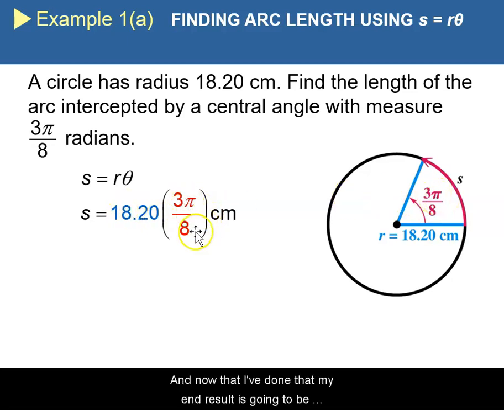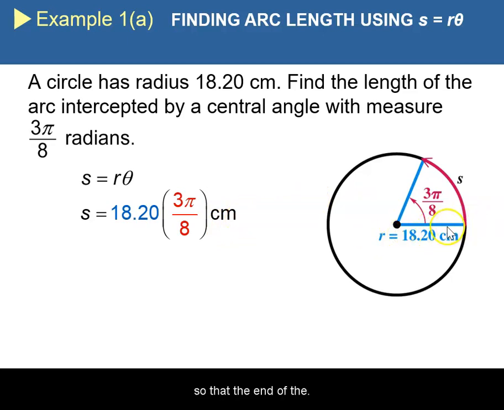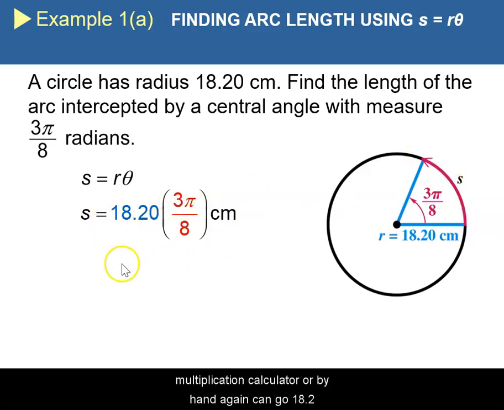And now that I've done that, my end result is going to be in centimeters because the radius is in centimeters. And so the end of the radius is going to traverse some amount of centimeters as well. So when I do this multiplication, either on my calculator or by hand, you can go 18.2 times 3 and then divide by 8 and just leave that over pi.